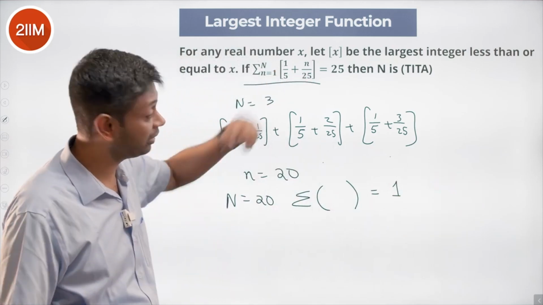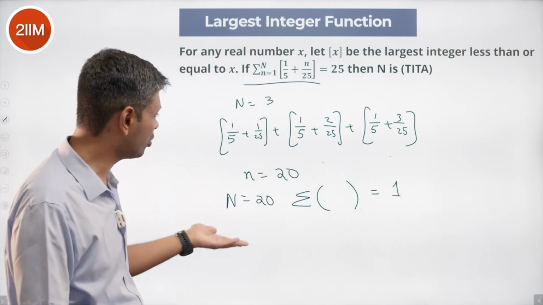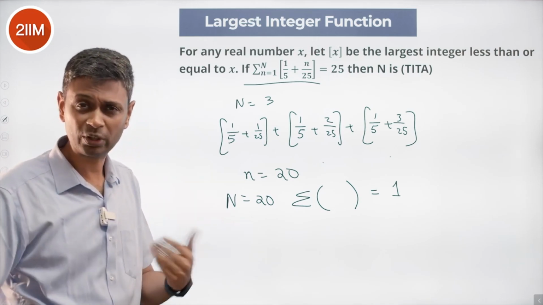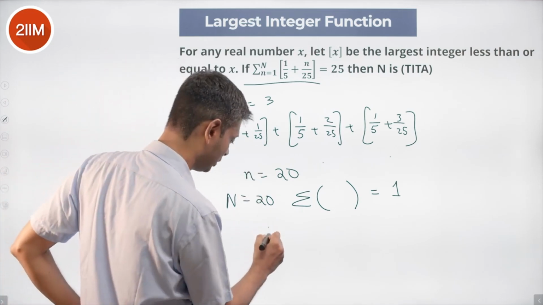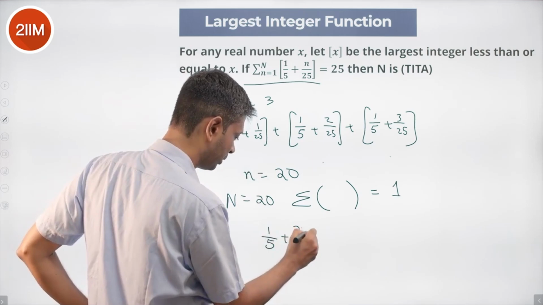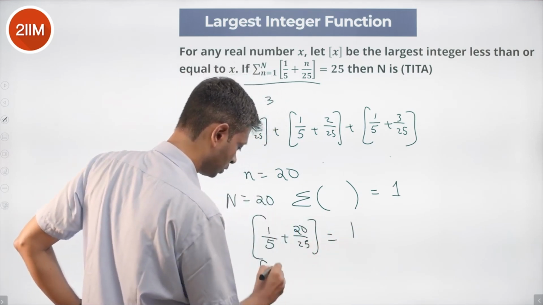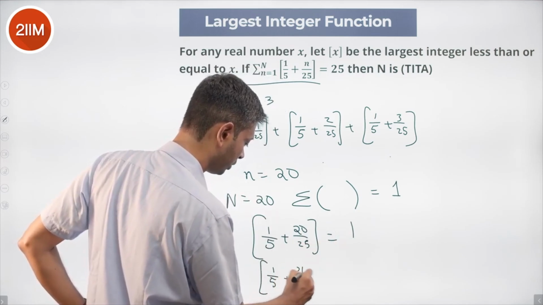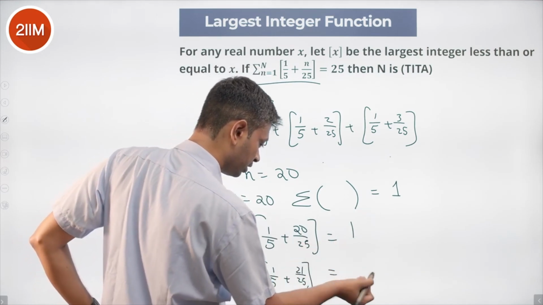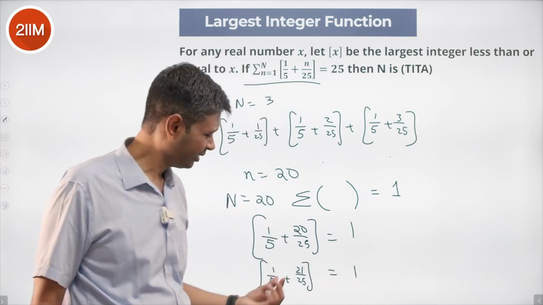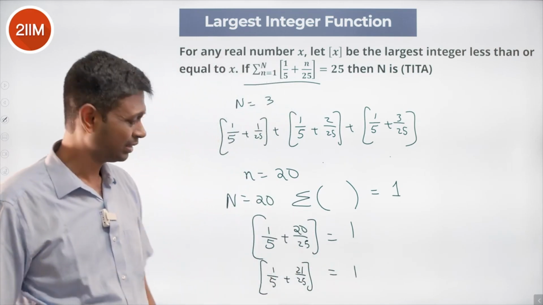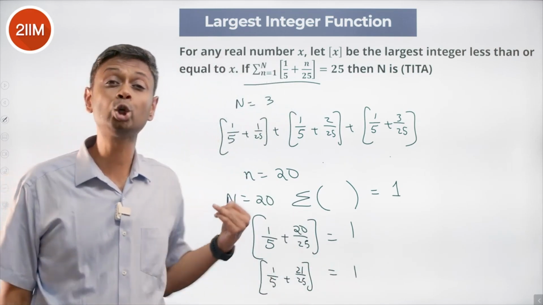We want it to be 25. What will I do? So it will be more than 20. Maybe I'll use 21 also. And this is 1 by 5. 1 by 5 plus 20 by 25. Greatest integer of this is 1. 1 by 5 plus 21 by 25. Greatest integer will be 1. Why? Slightly more than 1. True. This is 1 by 5. This should become 2.